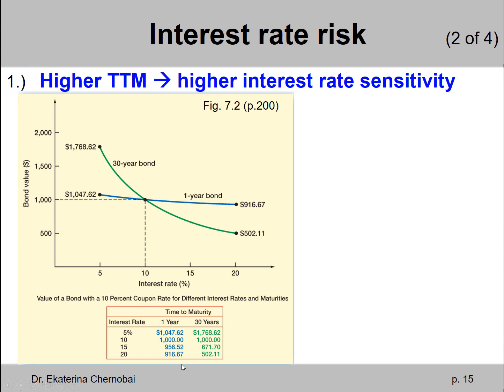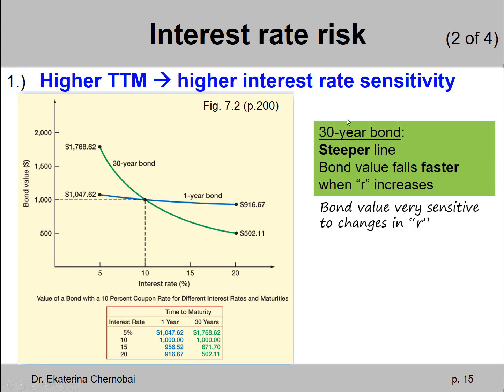It could be a good practice. And so bottom line, the steeper line for the 30-year bond, the bond with more time left to maturity, has a much higher interest rate sensitivity.